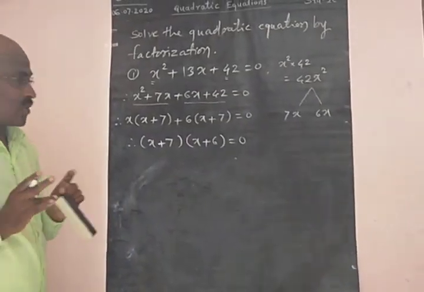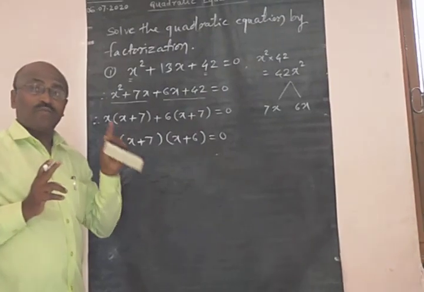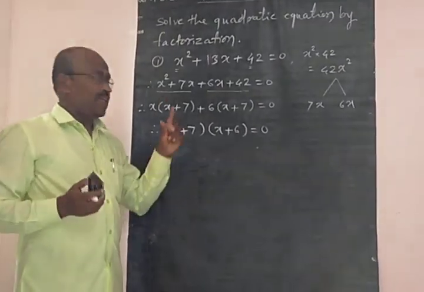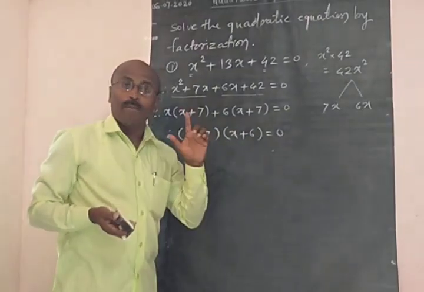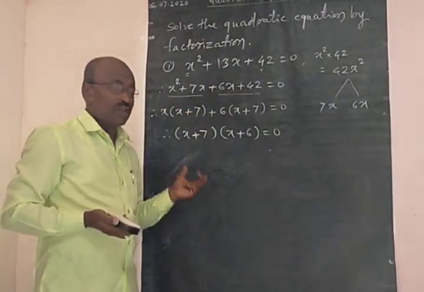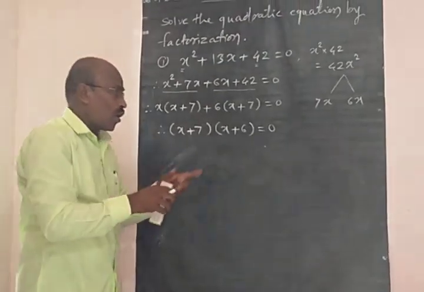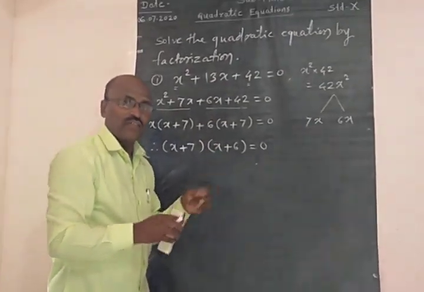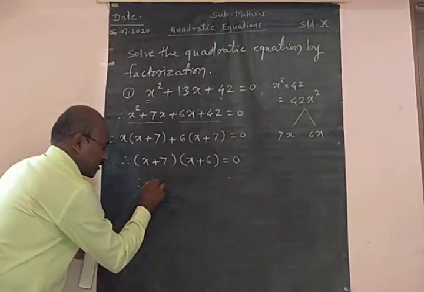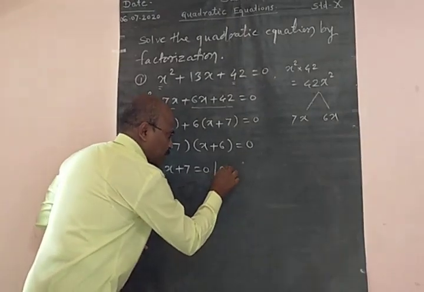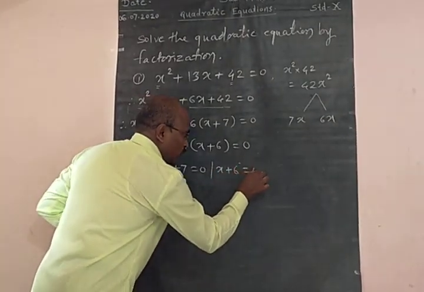We know that if the product of two numbers is 0, then any one of the numbers must be 0. Therefore either x plus 7 is 0 or x plus 6 is 0.